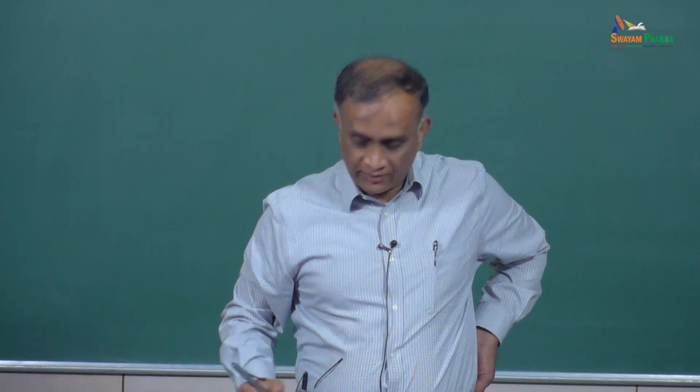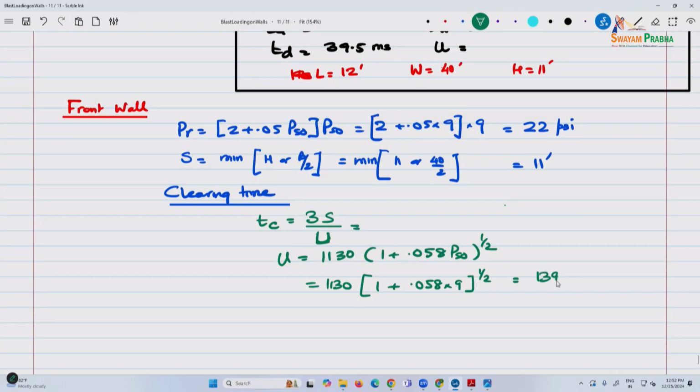One. So 1394 feet per second. So you get TC, and again, please help here. 3 times S is 11 feet divided by 1394.